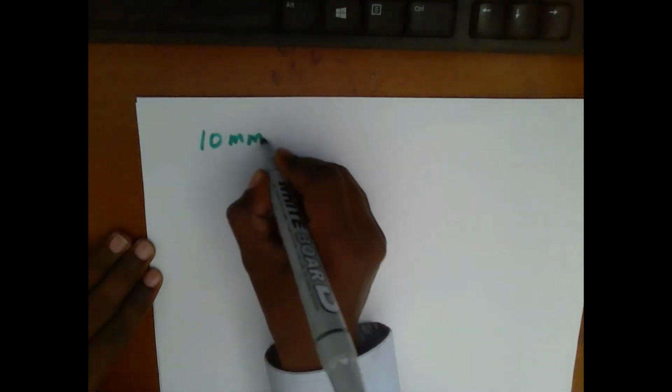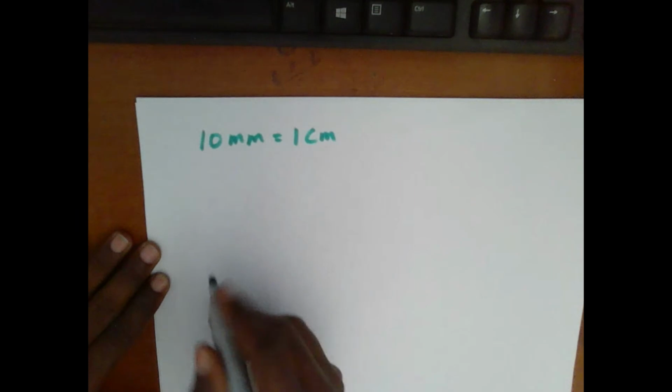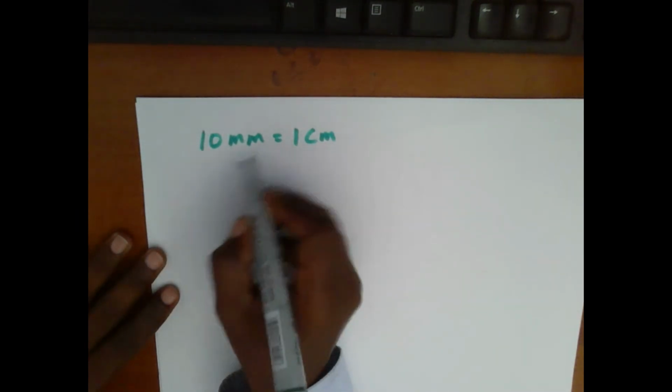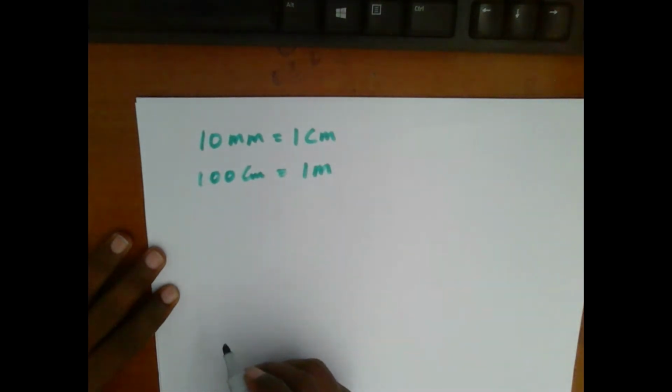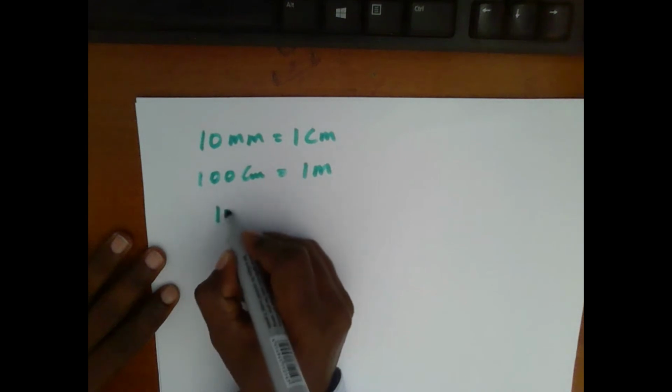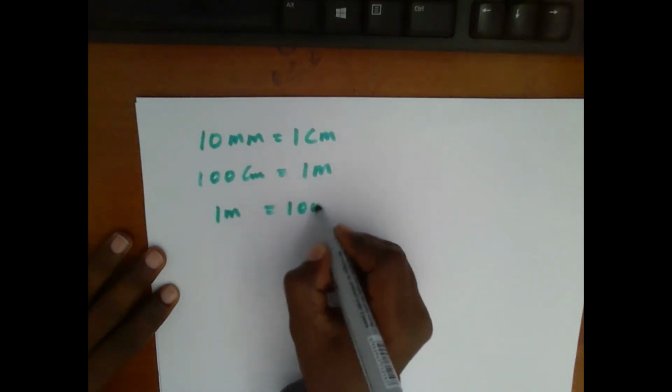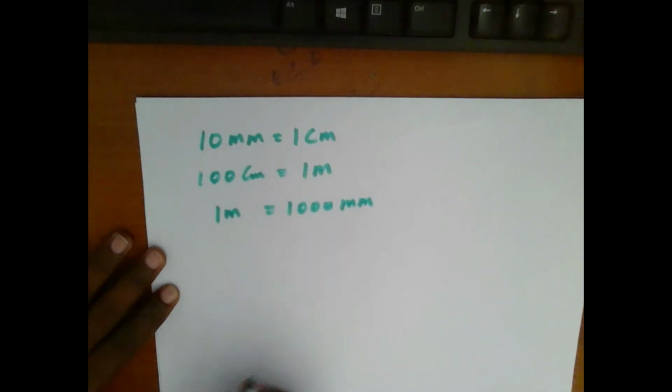So to proceed, we know that 10 millimeter is equal to 1 centimeter, and 100 centimeter is equal to 1 meter. Therefore, 1 meter is equal to 1000 millimeter.